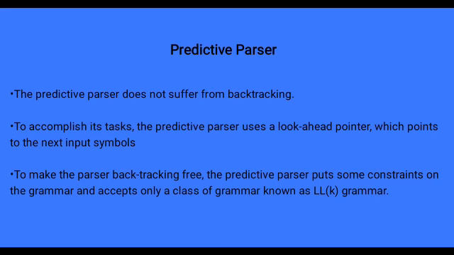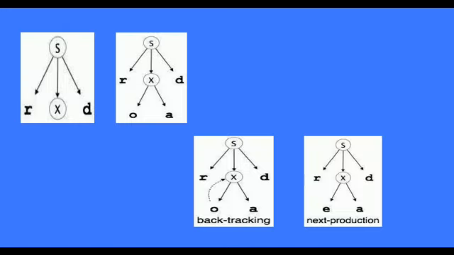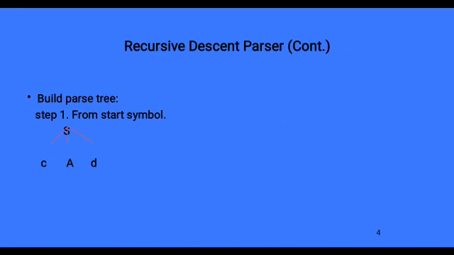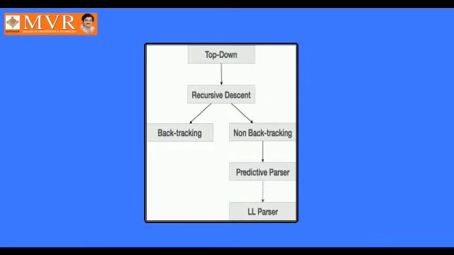Already, at the start of the session itself, I showed the diagrammatic representation of top down parsing. That is, top down parsing is divided into recursive descent, and recursive descent is divided into backtracking and non-backtracking. Again backtracking is divided into predictive parser and LL parser. Now I am discussing that predictive parser.